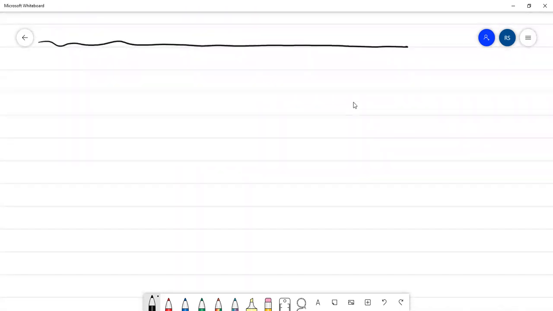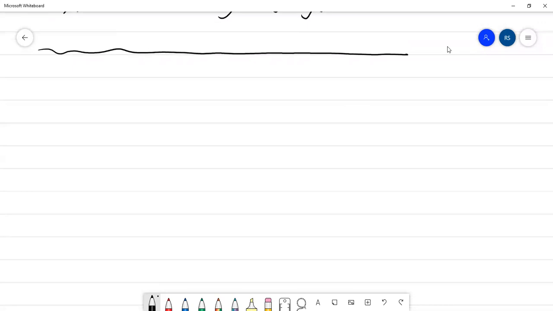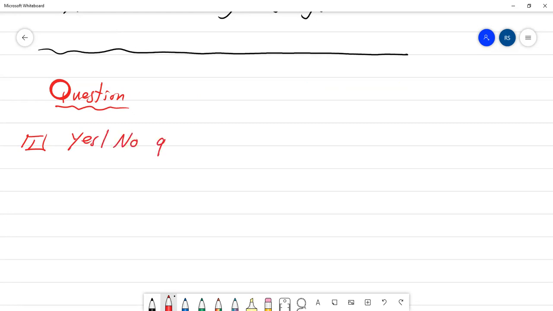Let's move to questions. As you know, we have two types of questions. One, yes, no question. We just make inversion, okay?